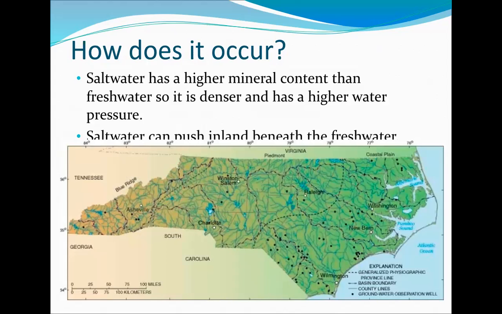Yeah, the water goes to the bottom, the oil goes to the top. Do you know why? Which one's more dense then? Water. So the water goes to the bottom. Right here. Okay. So salt water can push inland beneath the fresh water. Okay. So because it's denser, it's going to go underneath the fresh water. So that's going to go below.